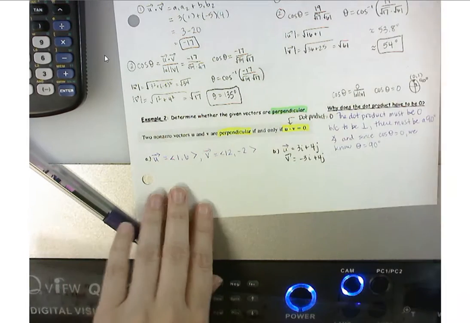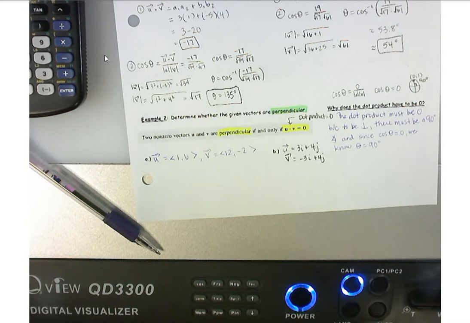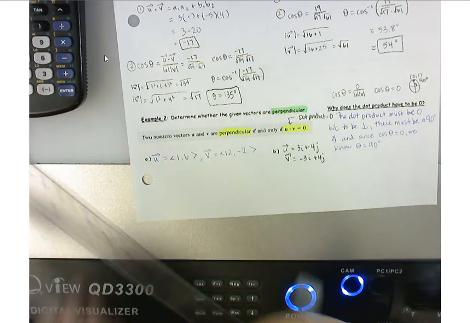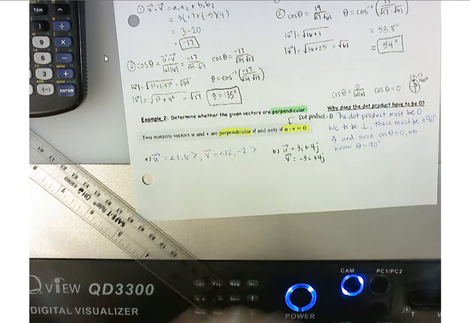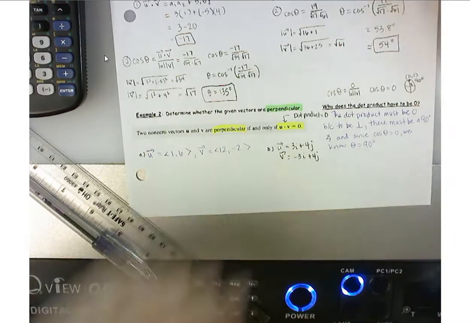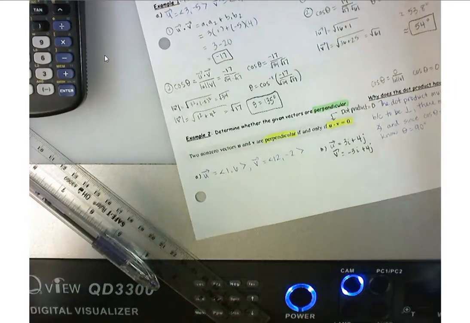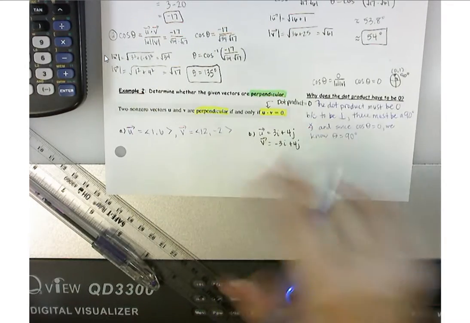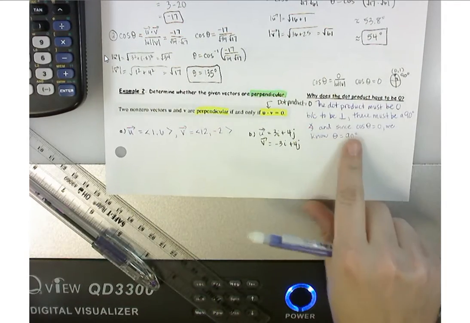So first you have to find your dot product. And then, how do you know if they're perpendicular? What's their dot product going to be? Yeah, so if your dot product is 0, then you'll know that right away. So you wouldn't even have to use the angles, because you know that if the dot product is 0, it will produce that 90-degree angle.